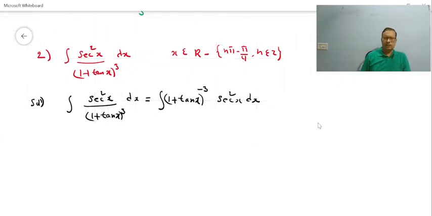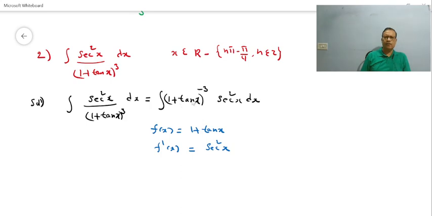Now suppose f(x) = 1 + tan x. f'(x): d by dx of 1 is 0, d by dx of tan x is sec²x. Okay, so now this is of the form integral of [f(x)]^n f'(x) dx, where n is minus 3.